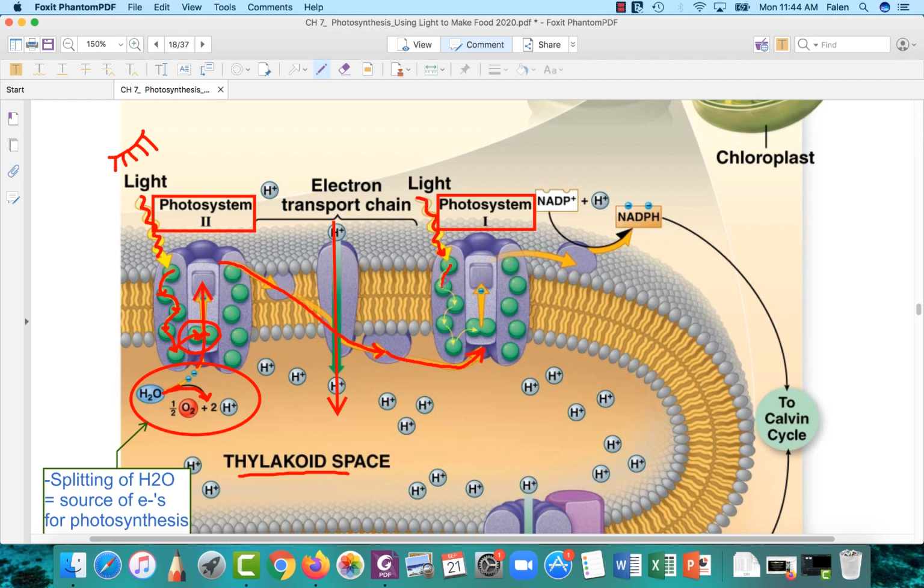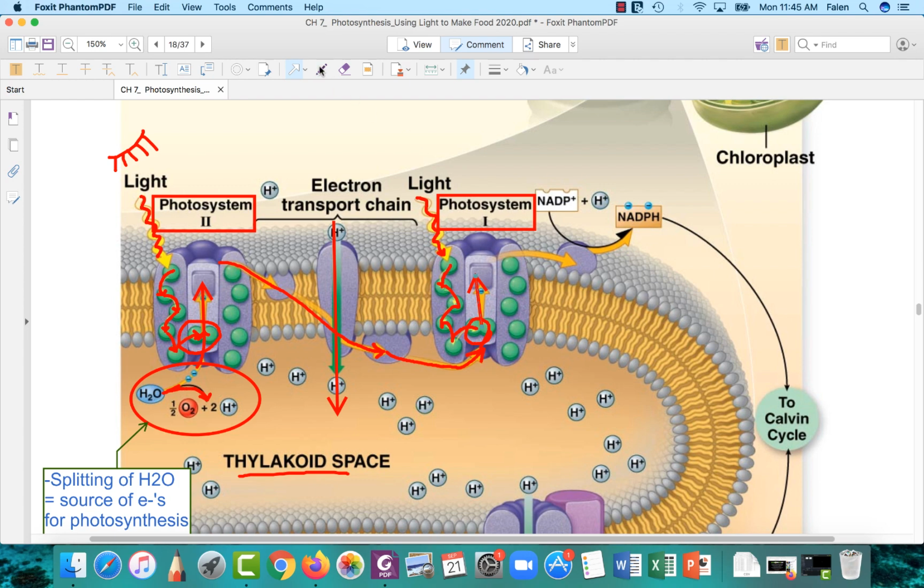It passes it from one pigment to the next until it meets those electrons that came from photosystem 2, which initially came from water. And that's going to cause the same reaction. It's going to cause a spike in energy, and it's going to shoot these electrons up into the reaction center. Okay, great. Now what? Well, they can't sit there forever, right?